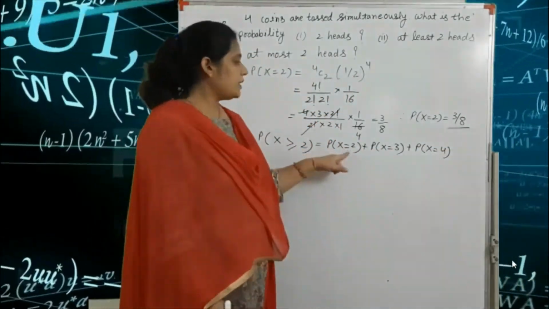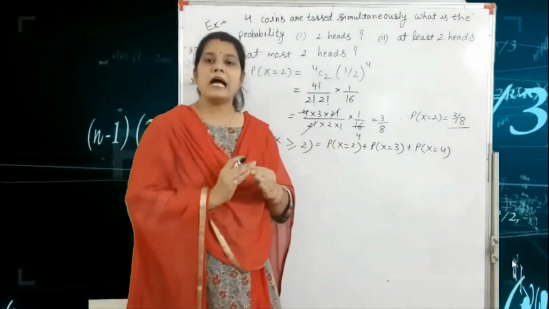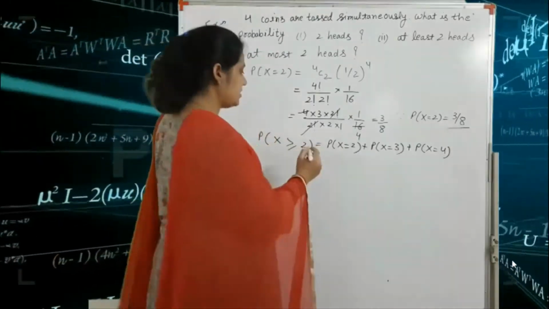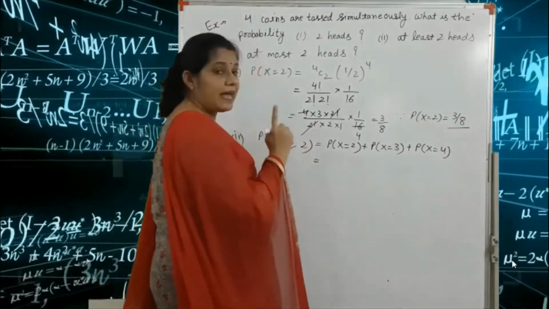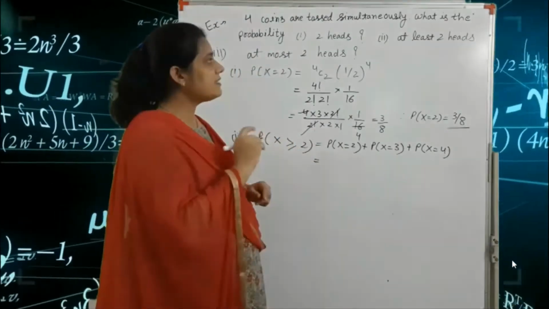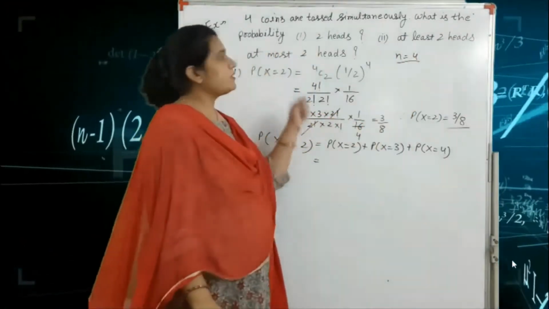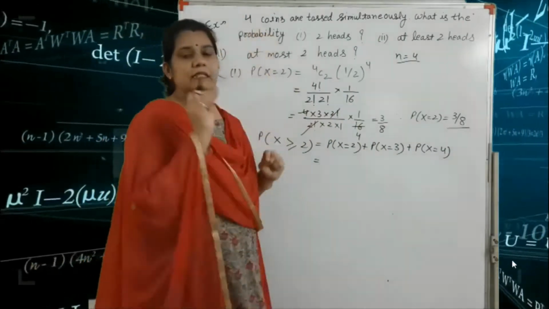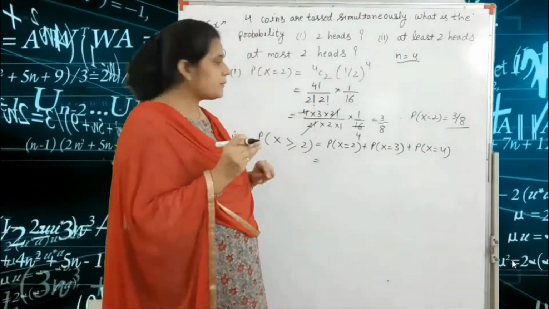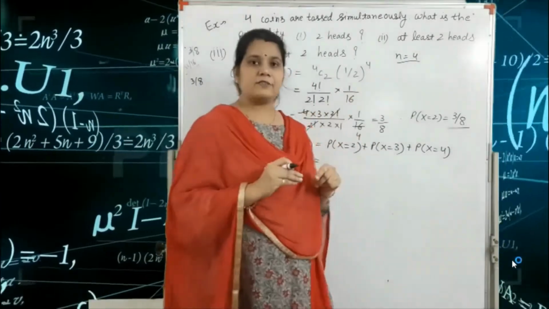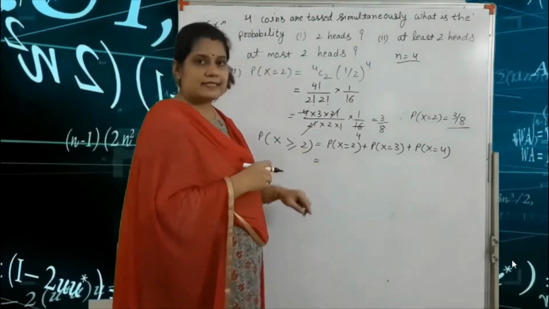Okay, so open this with the help of the binomial distribution. We write nCx. Here n is the total number of trials, which is 4, because in the question we are given that 4 coins are tossed. So we put n equal to 4 and x equal to 2.